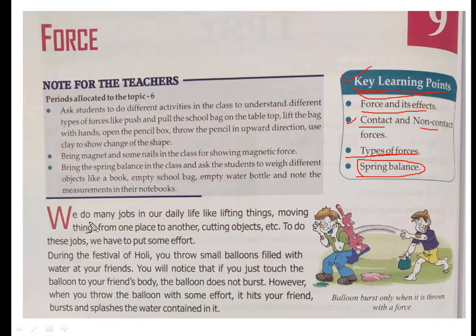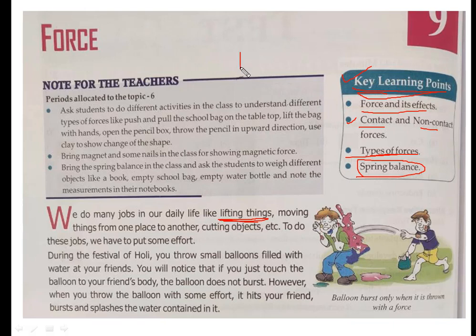So we do many jobs in our daily life like lifting things, moving things from one place to another, cutting objects, etc. To do these jobs, we have to put some effort. Now see, certain things are given here. Some things you want to lift, lifting things.